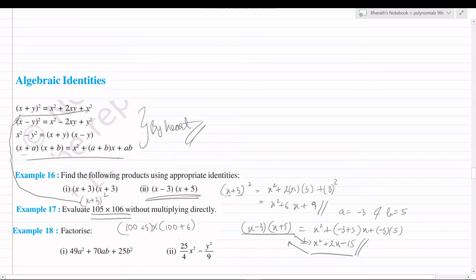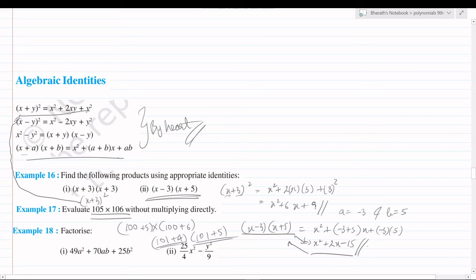We all know that 100 square is 4 zeros, and 5 square is 25, 6 square is 36. So you can't get like 101 plus 4, this is too tough, it takes a lot of time for calculation.